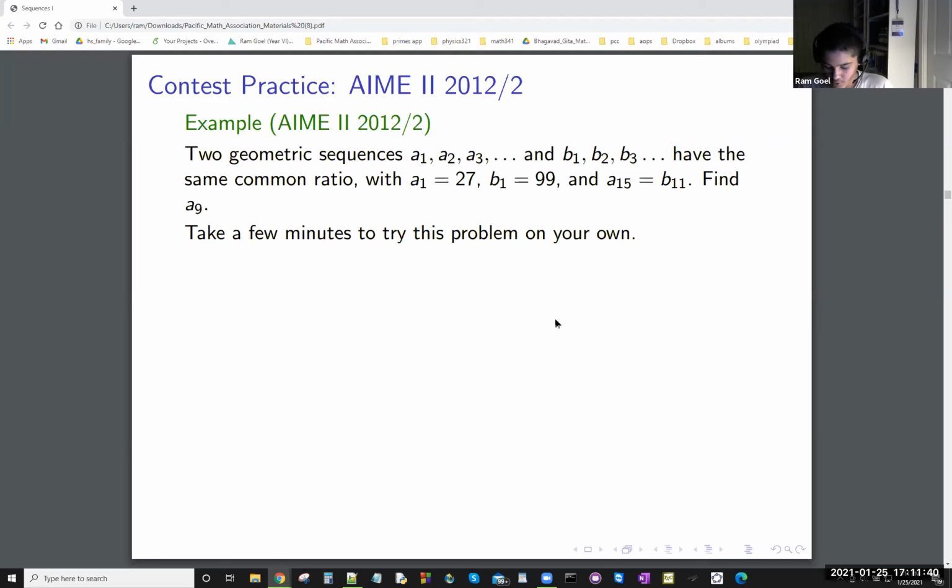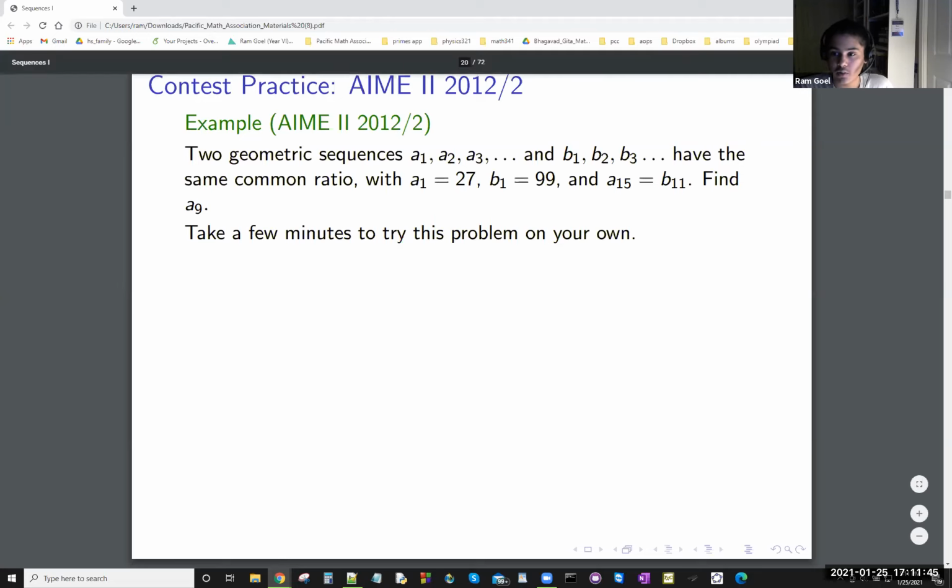So this can be solved using the theory we've mentioned, but take a couple minutes to try and solve it on your own. And then we'll come back and see how to do it.